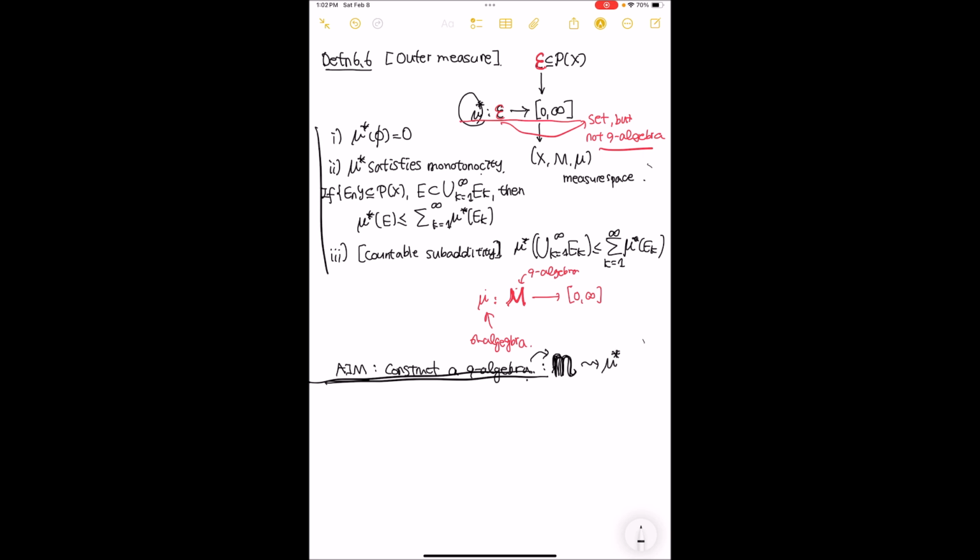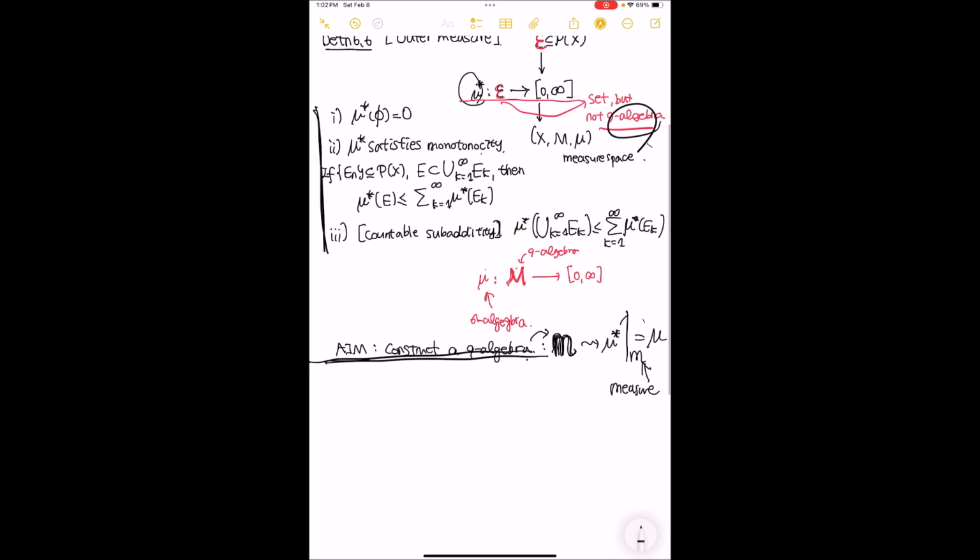This guy satisfies the basic properties of the measure, but it is not yet a measure because it is not on a sigma algebra. So by restricting to the sigma algebra, that becomes a measure. As I said, everything is explained in detail in this lecture.